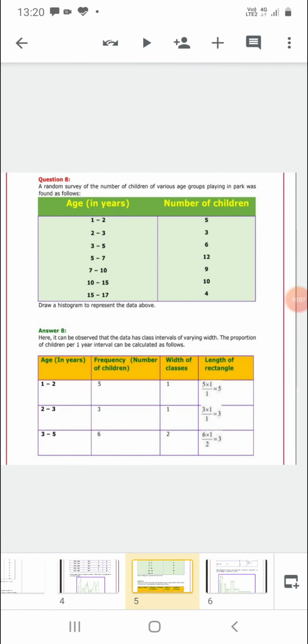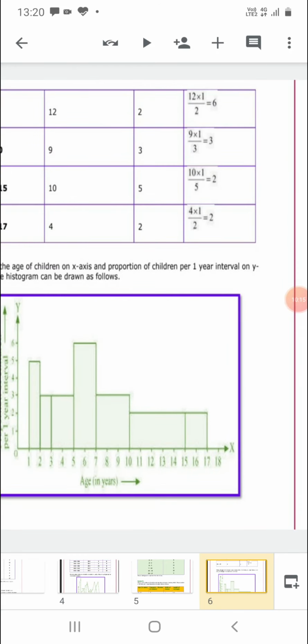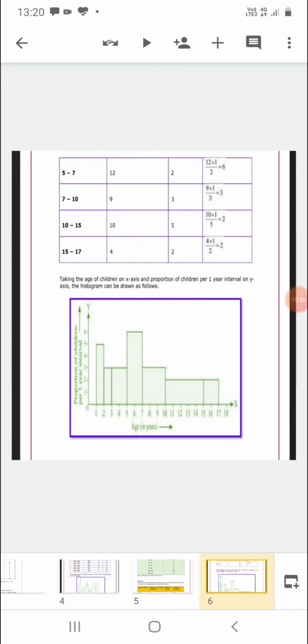So in the width section you can see 1, 1, 2, 3, 4, 5 ये सब दे रखे हैं. So we are going to take the least width. 12 is the frequency multiplied by 1 divided by class width. 9 multiplied by the least width 1 divided by the class width. 10 multiplied by the least width 1 divided by the class width. In this way you'll get the length.